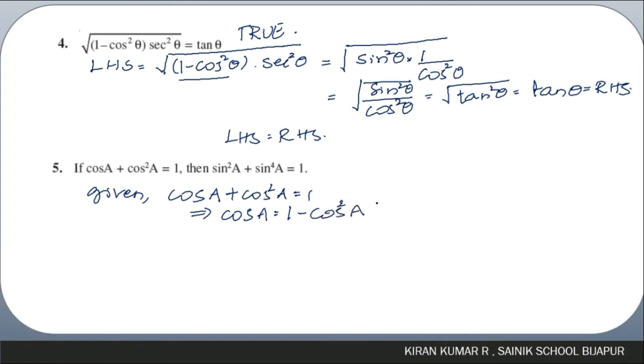What is 1 minus cos square A? It is nothing but sin square A by using the identity.